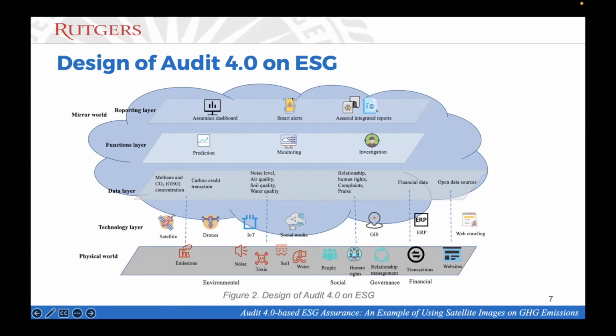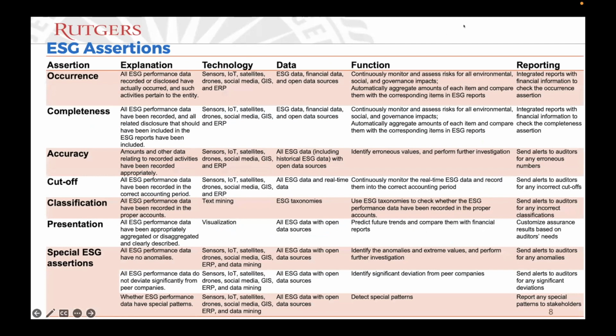We can also send smart alerts to stakeholders and integrate into financial and non-financial reports. We also provide some ESG assertions based on the traditional 6 assertions. We also have 3 special ESG assertions for the technology layer, data layer, function layer, and reporting layer.